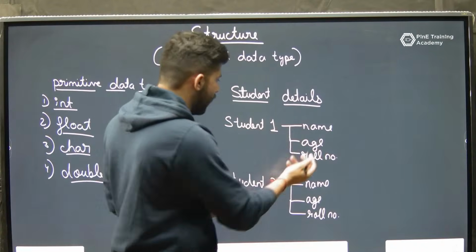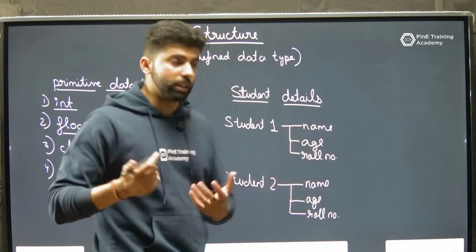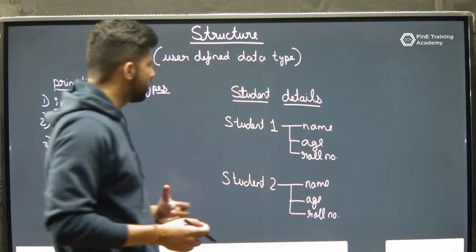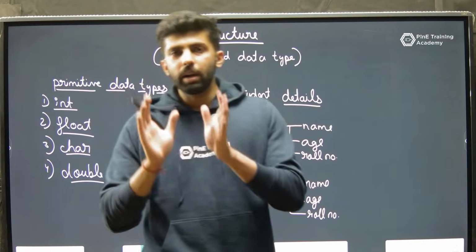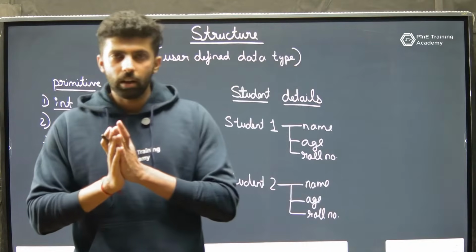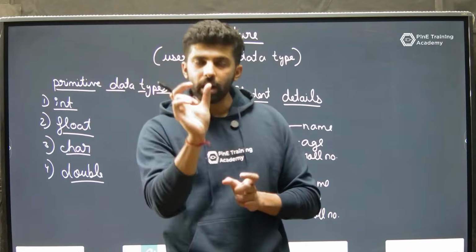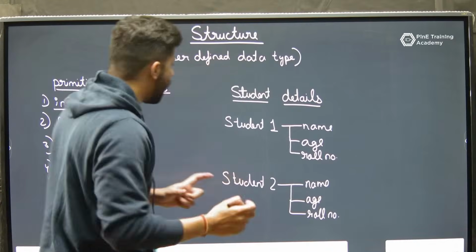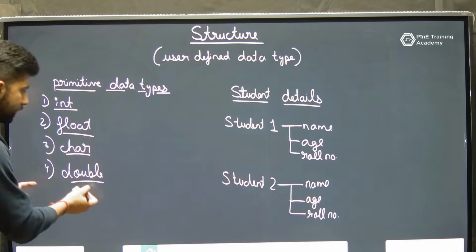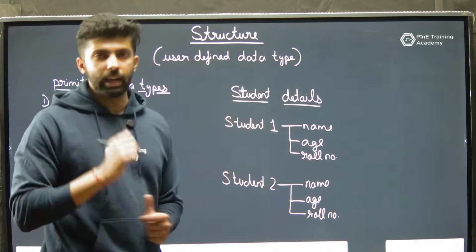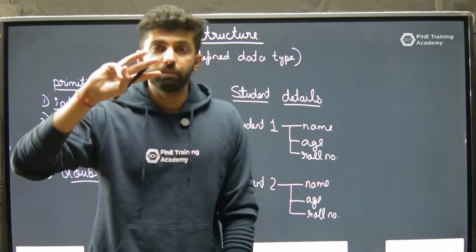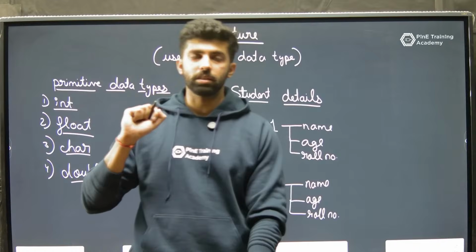Now we know that age, roll number, name, these can be stored in these data types, right? But when I'm talking about a particular student, I'm just talking about one person. If I use these variables directly to store student details, for each student, I will have three separate variables.